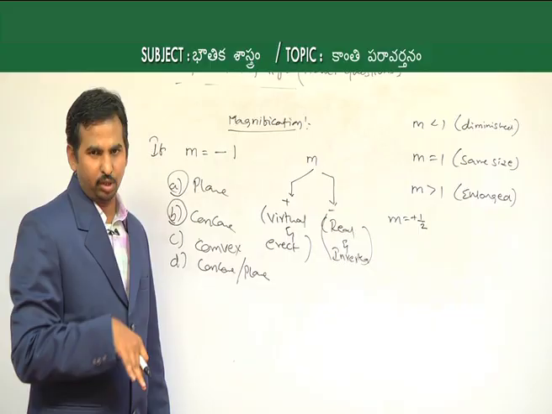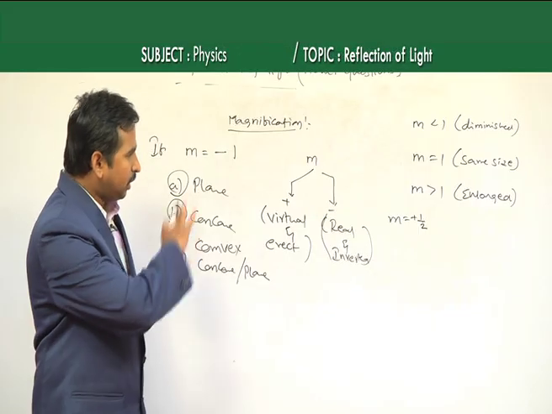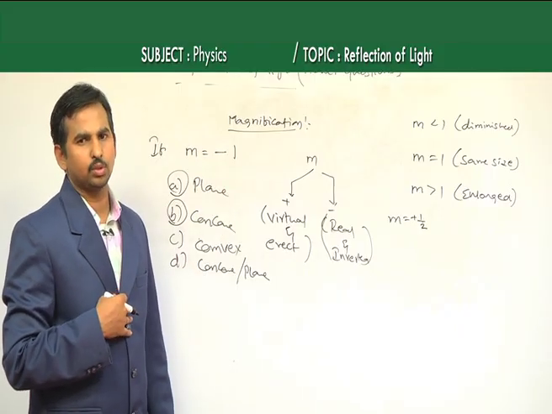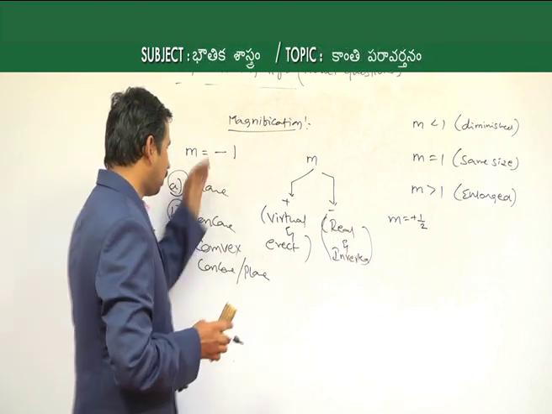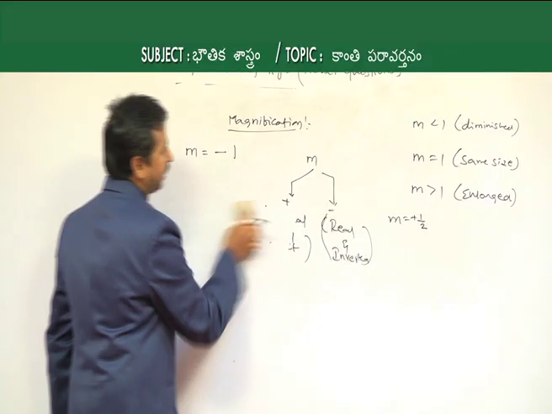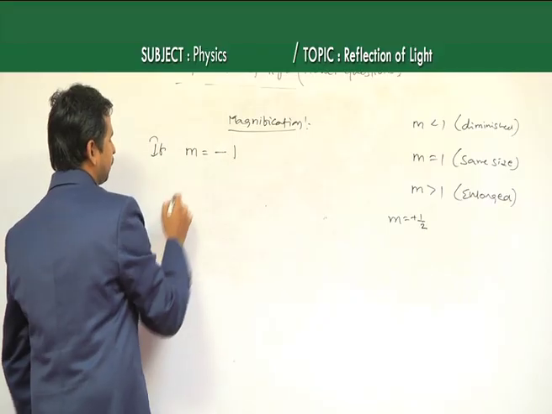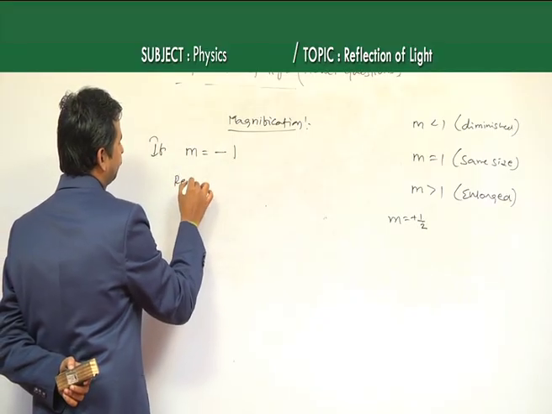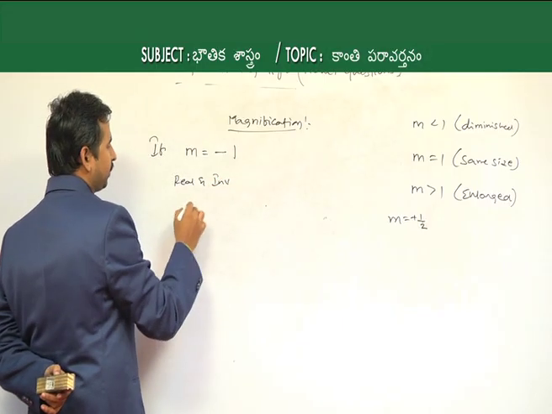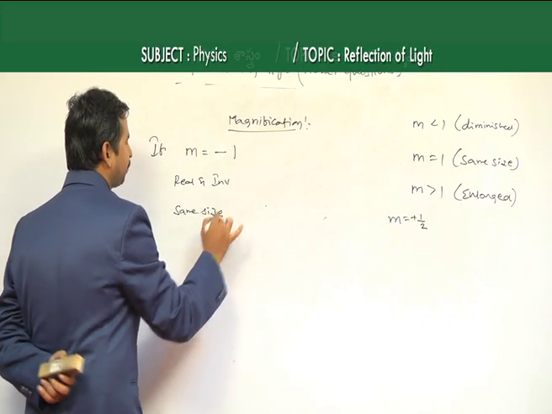Virtual, erect and diminished is formed only by convex mirrors. Like this, depending on the m values, we have different possibilities of mirrors. And whenever m is equal to minus 1, minus represents real and inverted, and 1 represents that the size is the same.